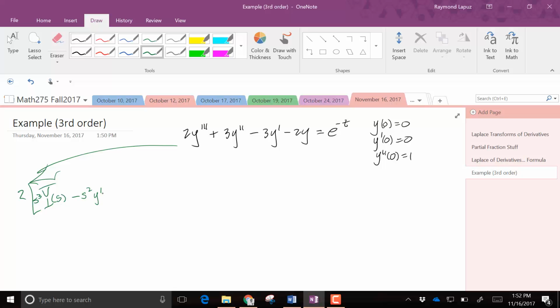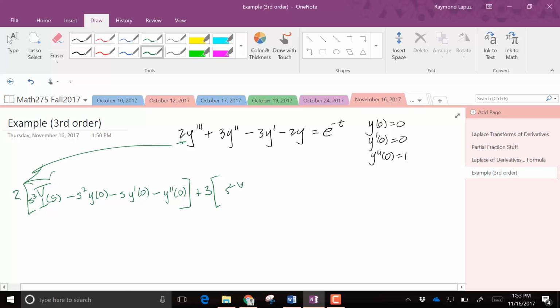The primes increase, so no prime. Minus s, and then now we have y prime, and then no more s and y double prime. So this 2 is all the way out here, so it's going to get distributed to every single one of them. Yeah, that whole thing is the third derivative.